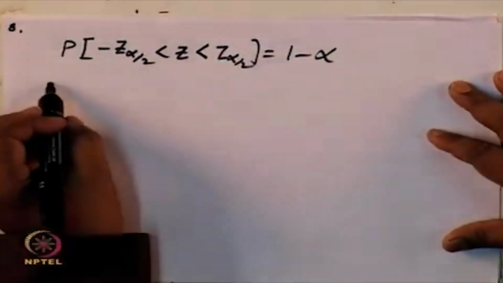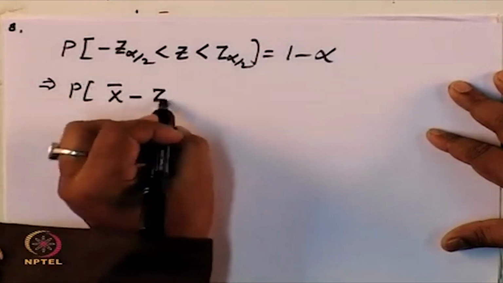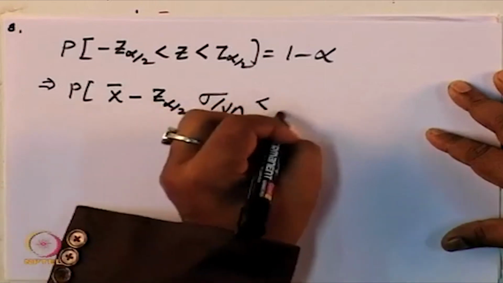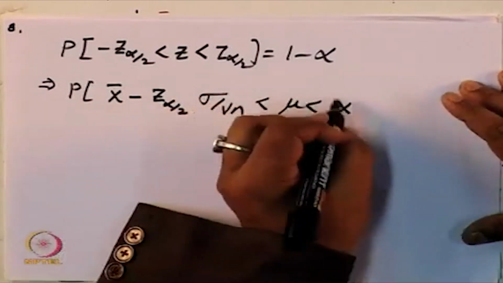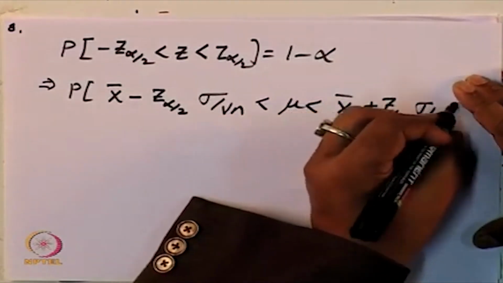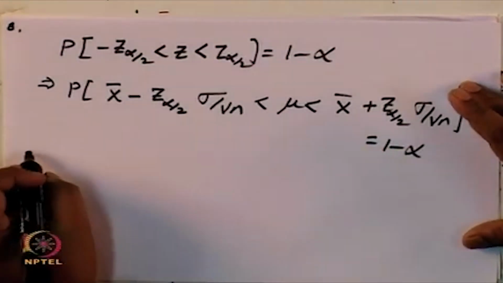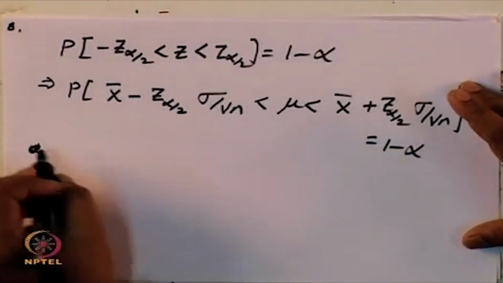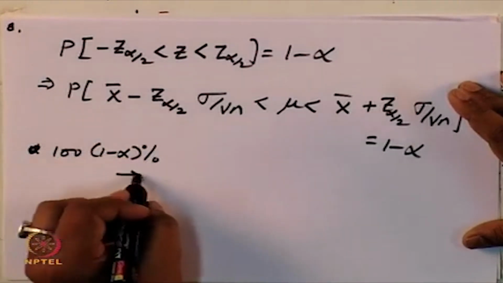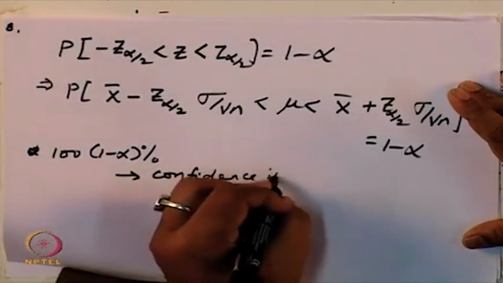And from this equation we can again write the probability of x bar minus z alpha by 2 into sigma by root n less than mu less than x bar plus z alpha by 2 into sigma by root n is equal to 1 minus alpha. Okay. So, 100 into (1 minus alpha) is the confidence interval.